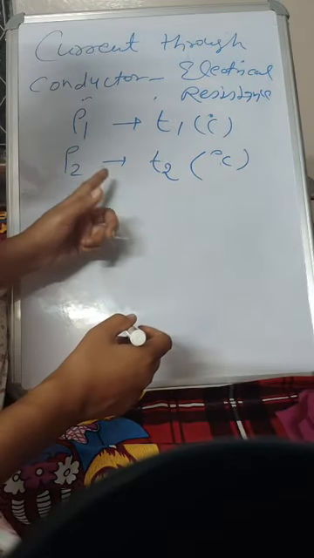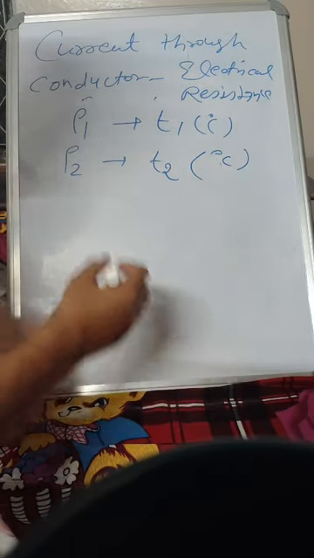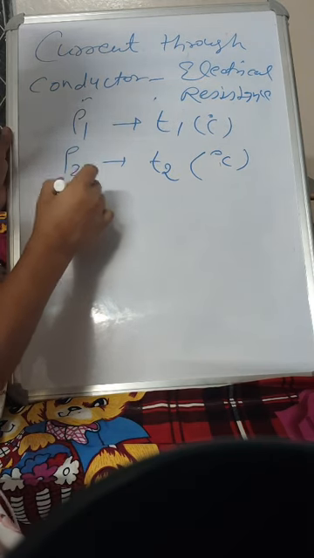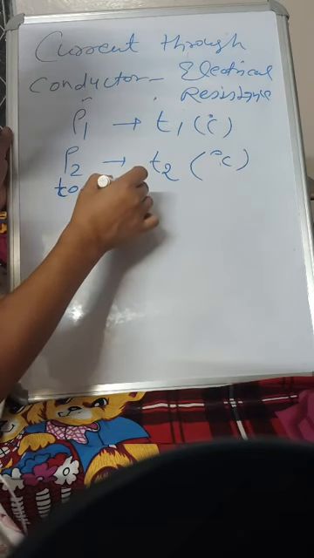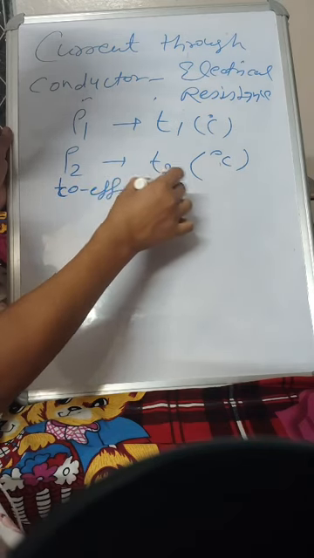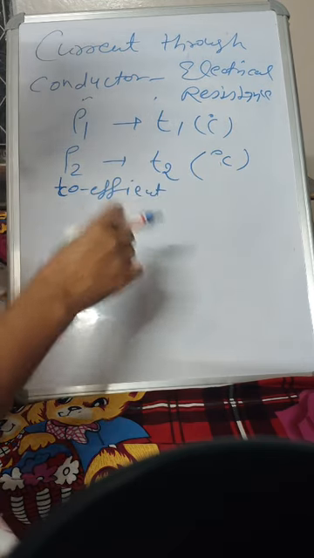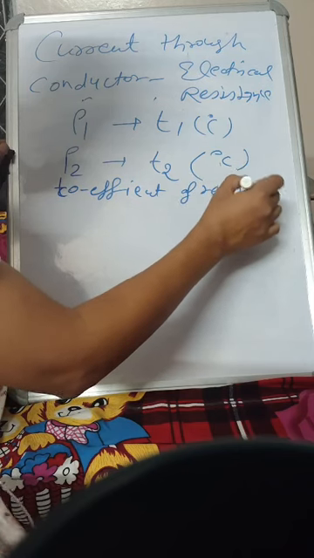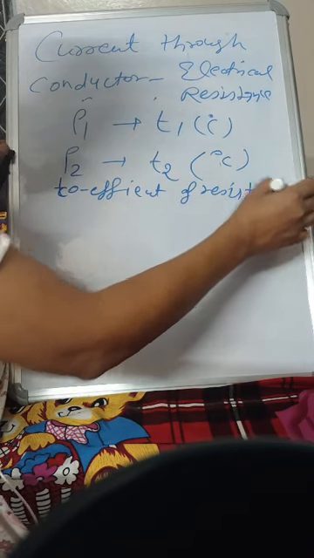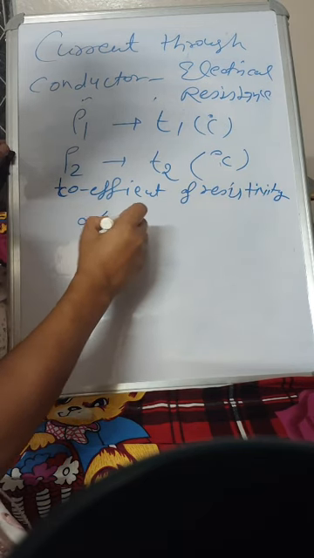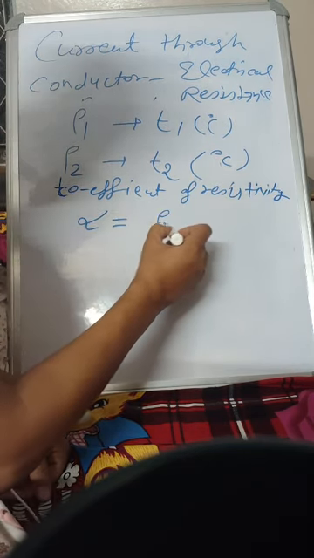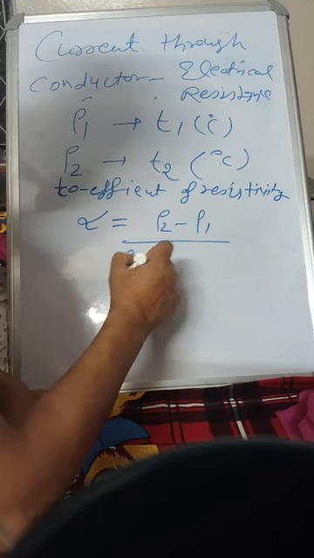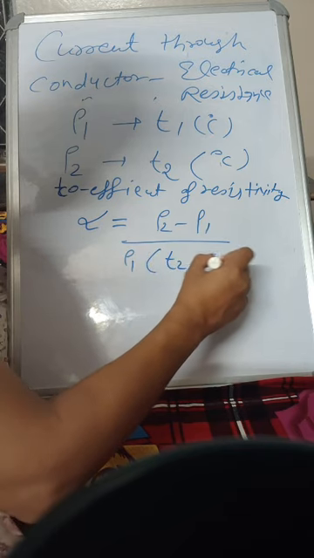From this we can find the temperature coefficient of resistivity, which is denoted by alpha, which is equal to rho 2 minus rho 1 divided by rho 1 into T2 minus T1.